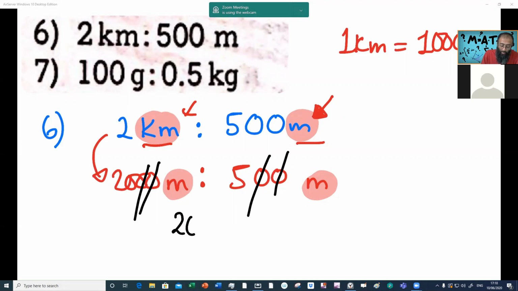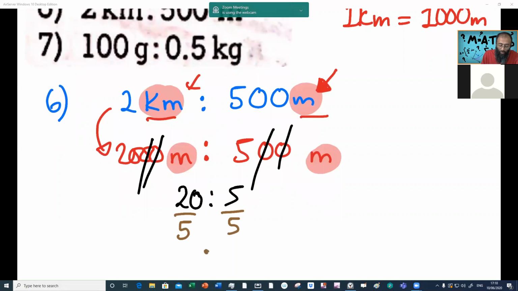So you're left with 20 ratio 5, for those of you who don't spot 500 as the biggest number. So what we're going to do now is divide them both by 5. Because I didn't choose the highest common factor in the first place, we're going to have to do a multiple step cancelling, which is not a problem.